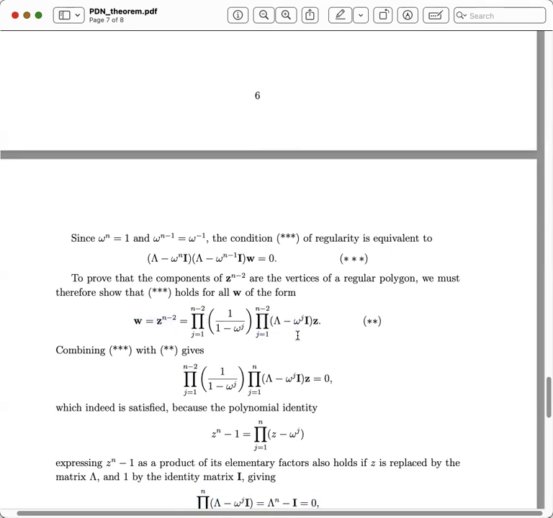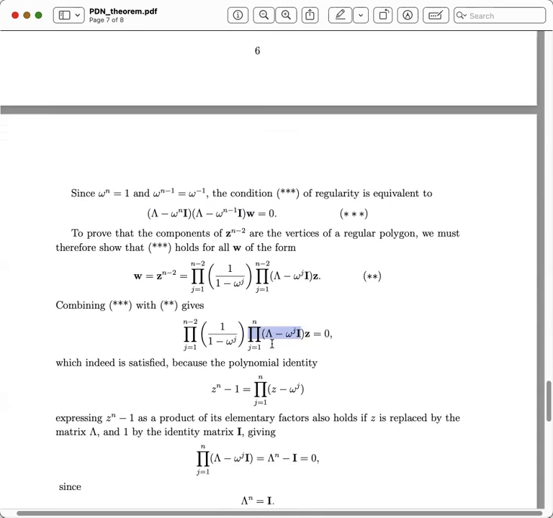So all we have to do to write that equation is to replace this product of n minus 2 factors, lambda minus omega to the j, by a product with n factors, by putting in the extra 2 terms, omega to the n minus 1 and omega to the n, that annihilate w if it's a regular polygon.